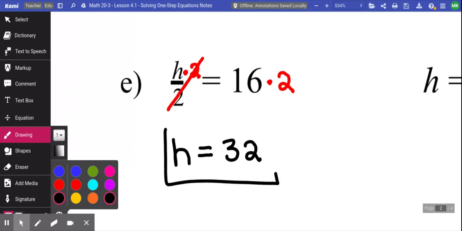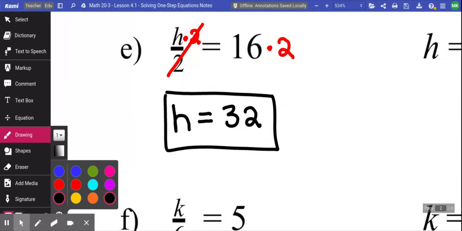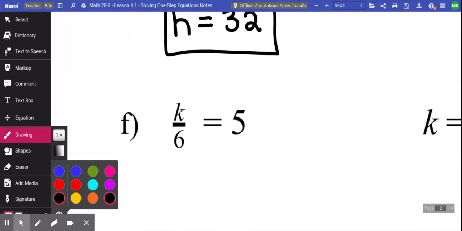What if you have that, but the letter beside it? So it's like 2 over 5 times t. Like on the next page. Let me get to that one. I'll do this one quick. So this one is K divided by 6.